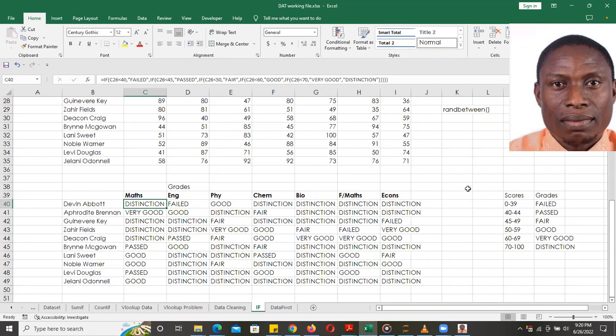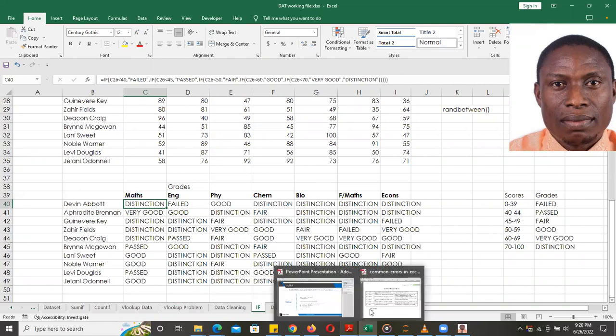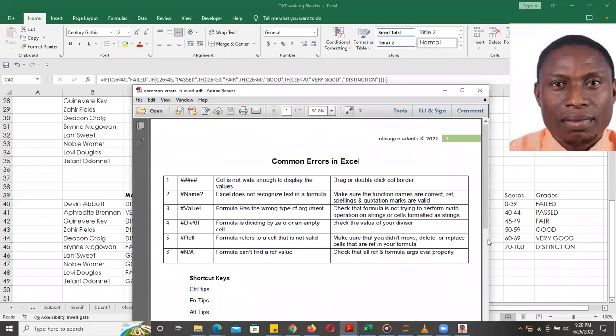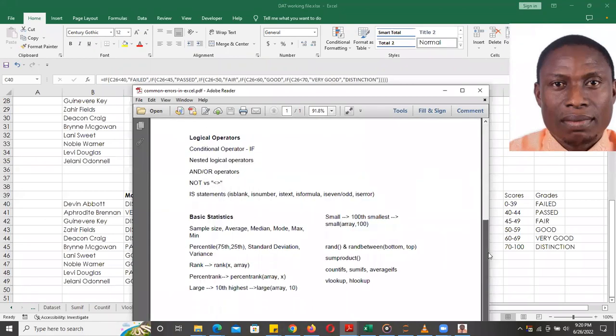Can I move on? Yeah, beautiful. Now, the next thing I want to show us is some other functions. Let me pick them from the archive. I wrote them out. We have an AND operator, then we have the NOT operator, and we have the OR statement. So I'll be picking them one by one. We are going to deal with all of this.